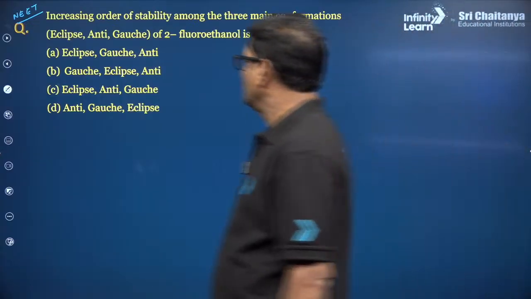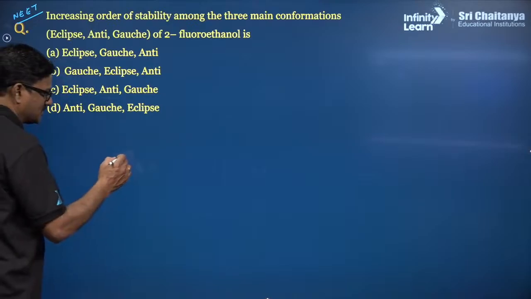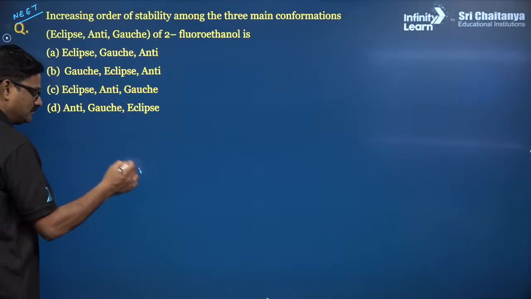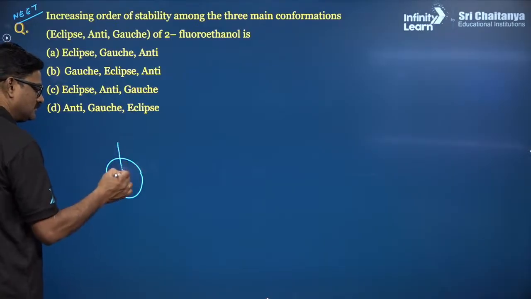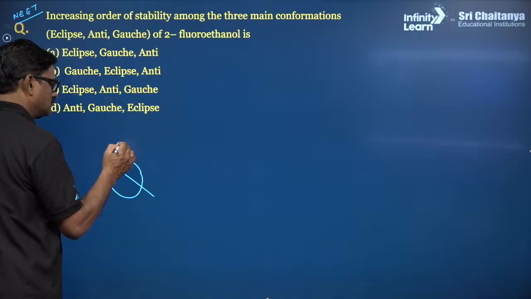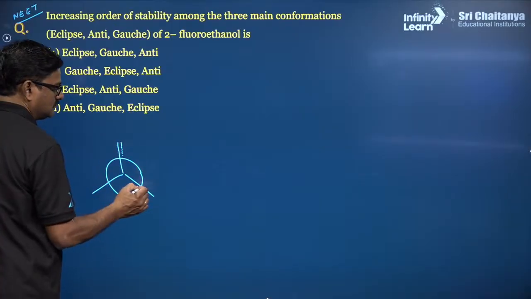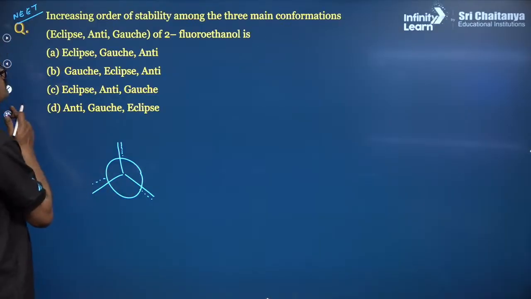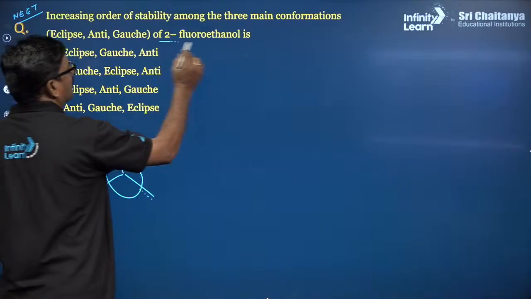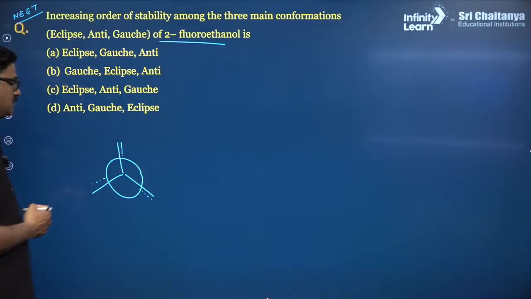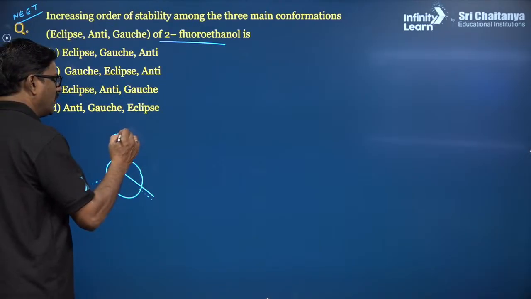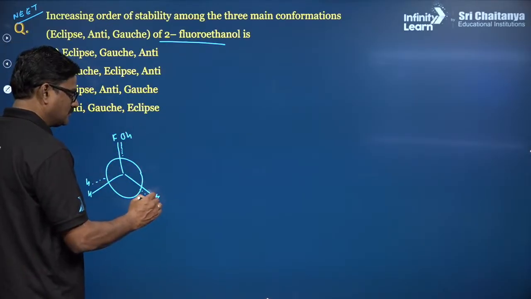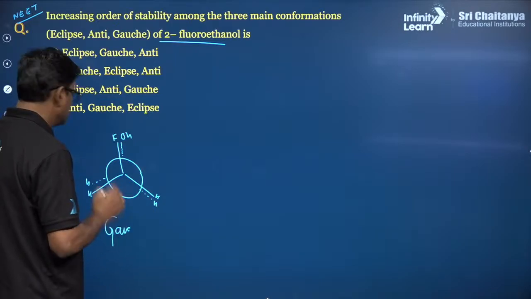Okay. Krishna, so eclipsed. You can see the structure of the eclipsed one. 2-fluoroethanol, fluorine and OH. You want to say it is gauche. It is an eclipsed.